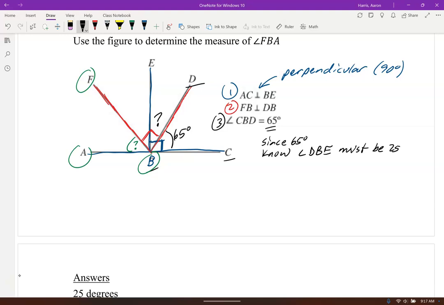So that must be 25 degrees. So let me erase the question mark and punch in, that's got to be 25 degrees, right? Because they got to add up to 90.